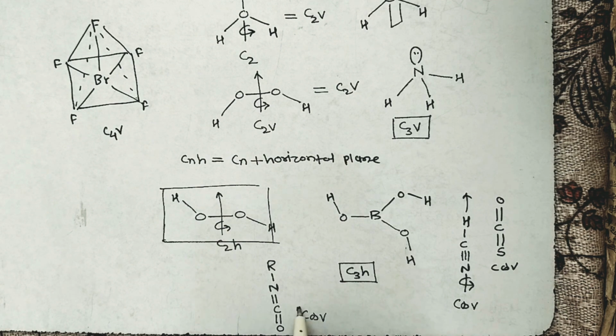So the point group is C infinity v. In this way you can determine the point group of some molecules. In the next lecture we will come with other types of point groups. Thank you very much.